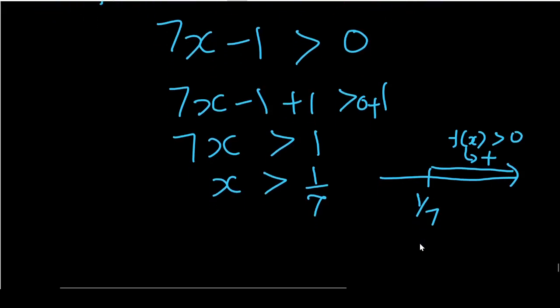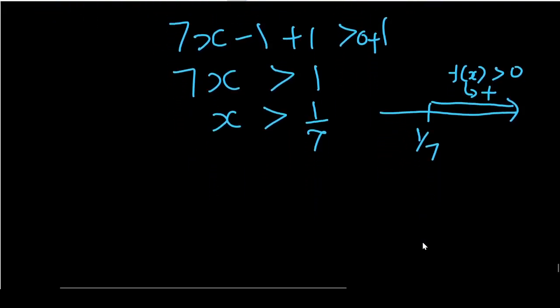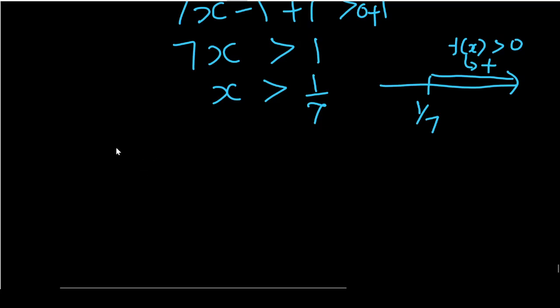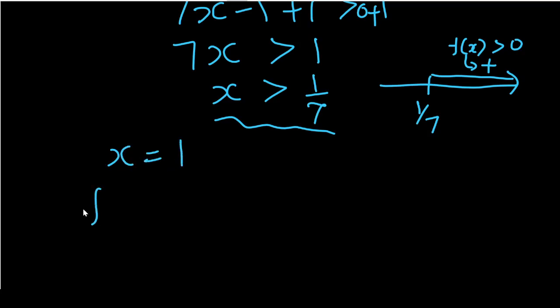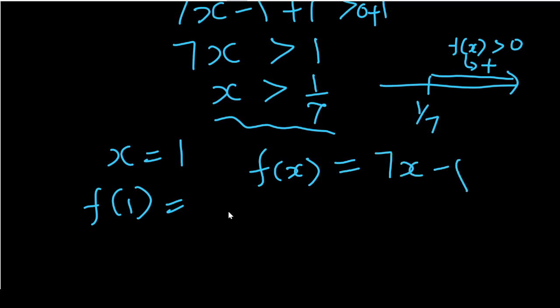If I substitute any value greater than 1 by 7, for example x equals 1, f(1) is 7 into 1 minus 1, it becomes 6, which is positive.